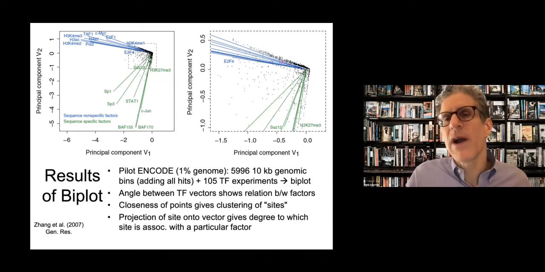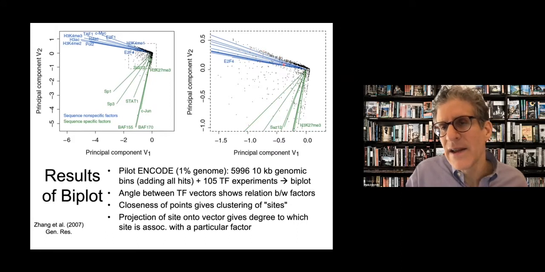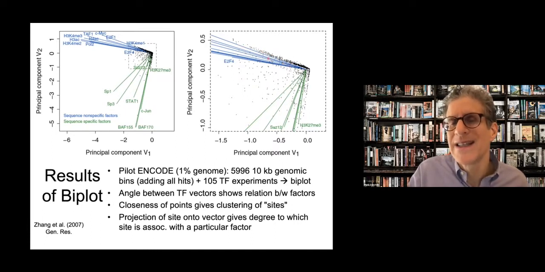Zooming in, what do you see here? If we think about the sequence non-specific axis, we can see the sites that tend to have big or small projections onto that axis, so they really differ by the amount of sequence non-specific binding. And here are the sites that really differ in terms of the amount of sequence-specific binding.